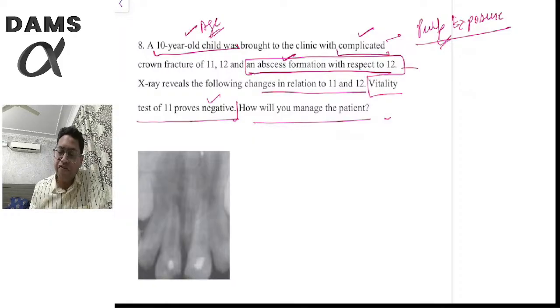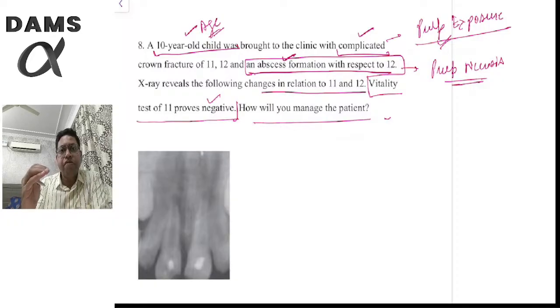So why would an abscess form? The pulp is necrotic, isn't it? It is inflammation of the pulp due to exposure, then degeneration of the pulp, the infection goes down and the pulp necrosis there. So non-vital tooth basically, 1-2. Okay, and vitality test of 1-1 proves negative, so 1-1 is also non-vital.